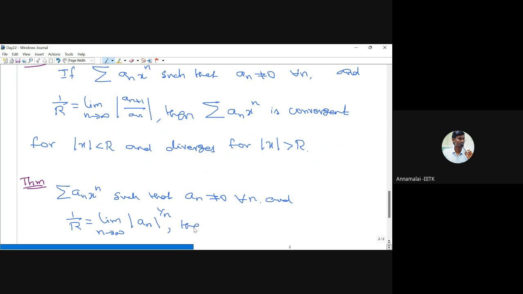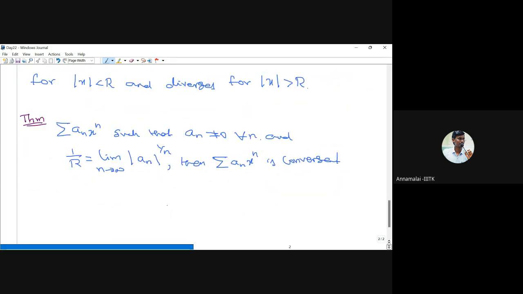Then the series summation an x power n is convergent for mod x less than r, and diverges for mod x greater than r. And then you have to check for x equal to r. This is another theorem. Now both will give the same answer.